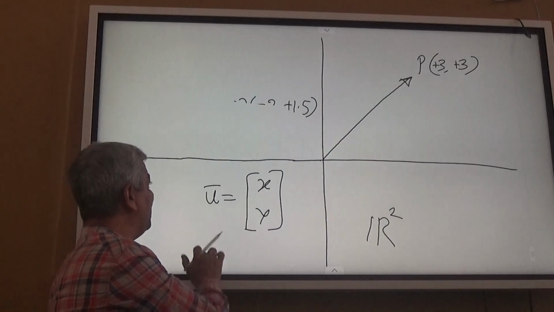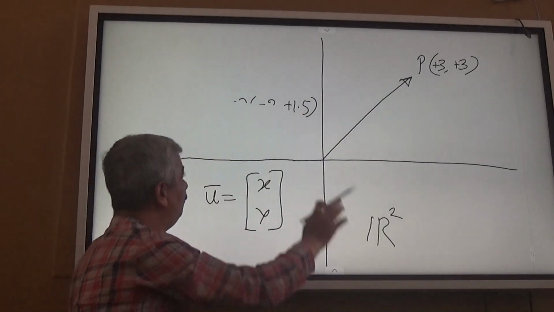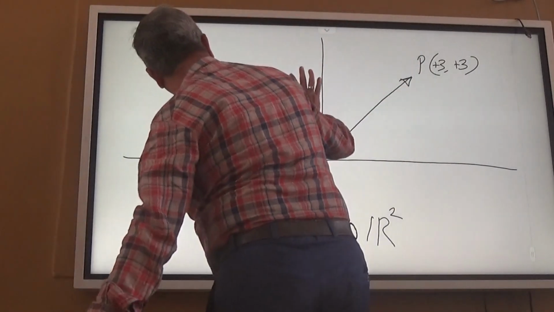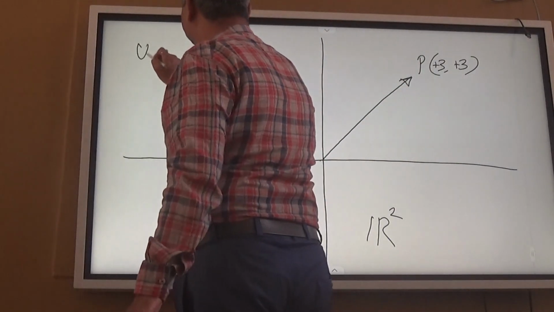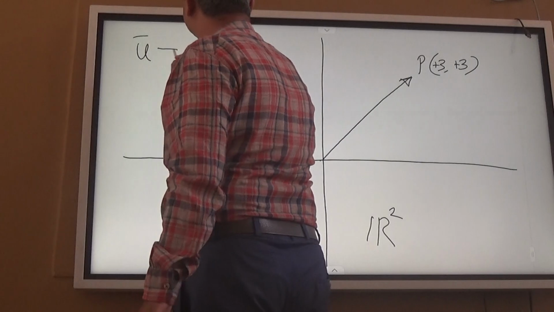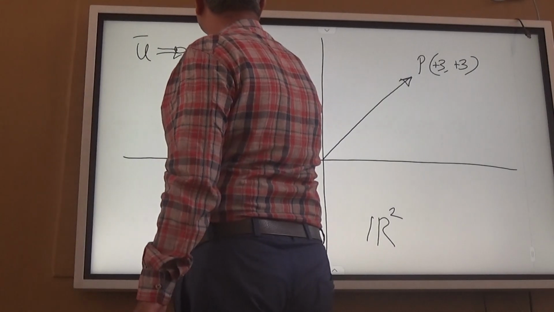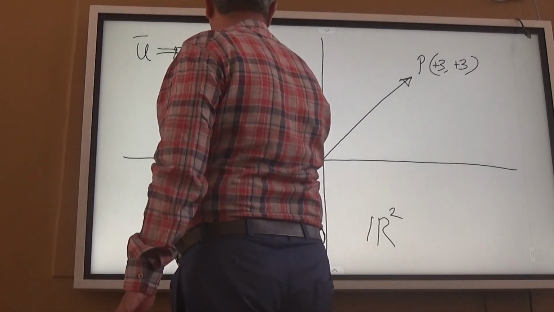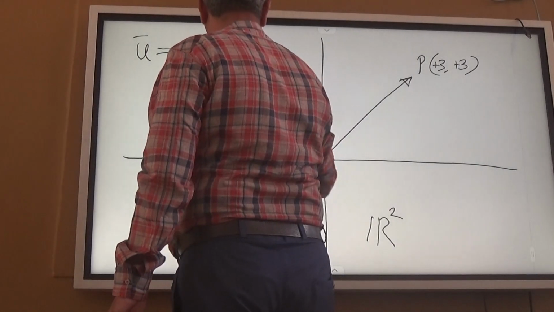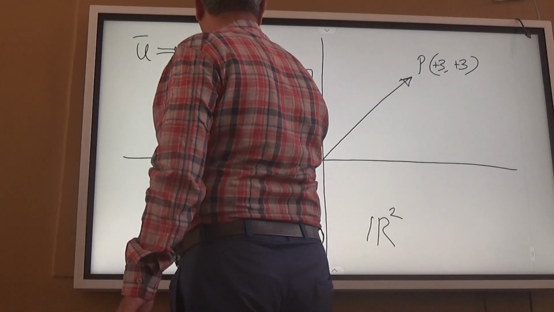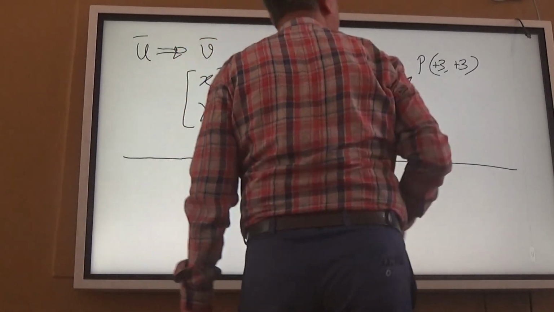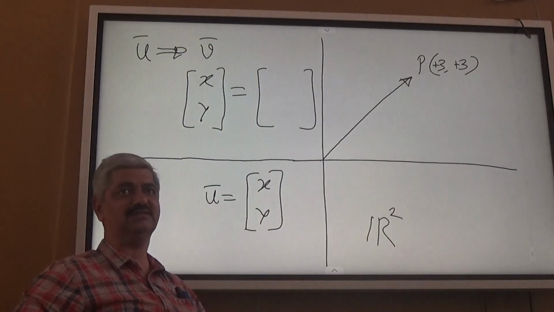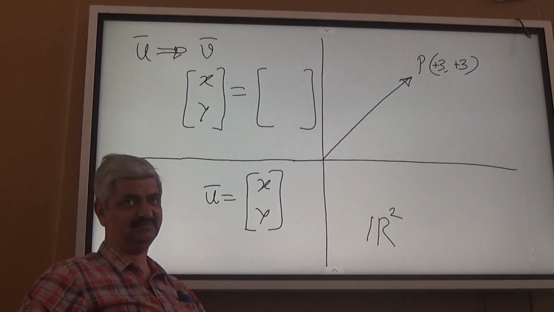That should get mapped to v bar. U bar should get mapped to v bar. So x and y should get mapped to something. Then you can call it a linear transformation.